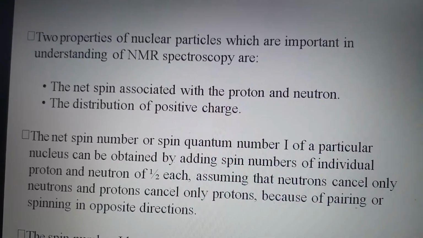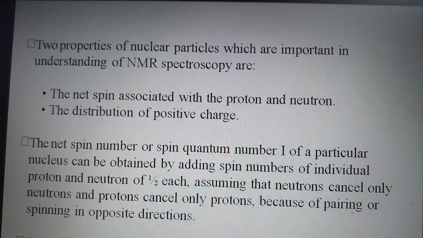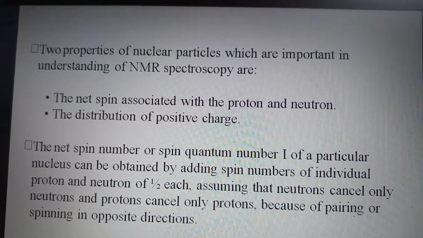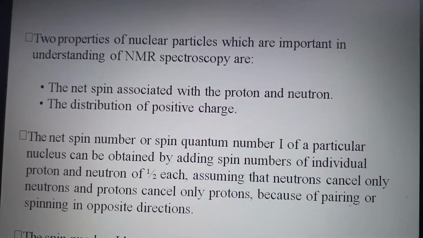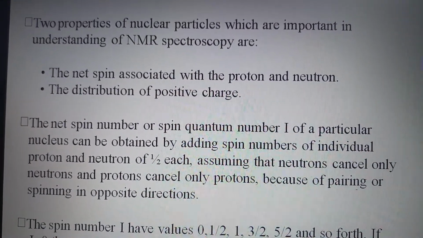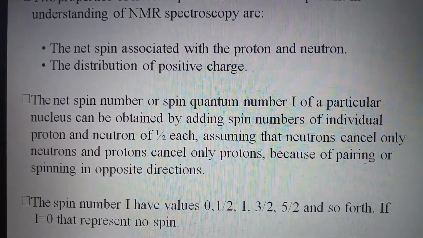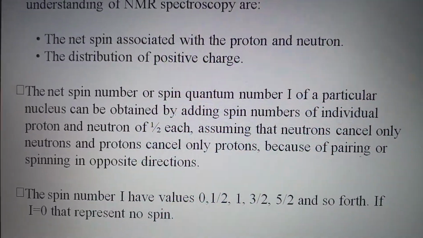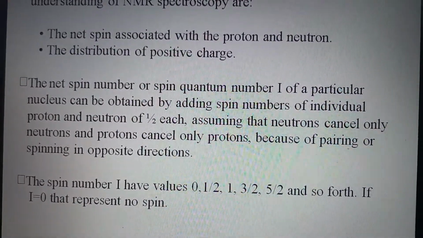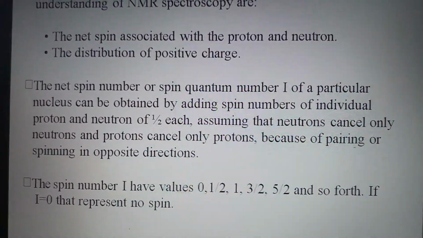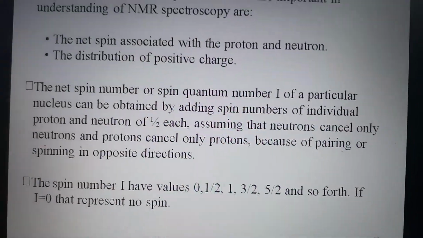The net spin number or spin quantum number I of a particular nucleus can be obtained by adding the spin numbers of individual protons and neutrons, half each, assuming that neutrons cancel only neutrons and protons cancel only protons because of pairing or spinning in opposite directions. The spin number I has values 0, half, 1, 3 by 2, 5 by 2 and so forth. If I is equal to 0, that represents no spin.